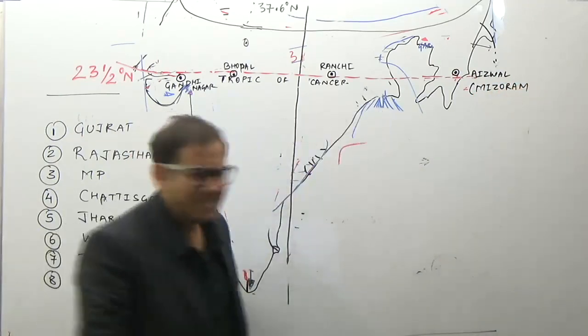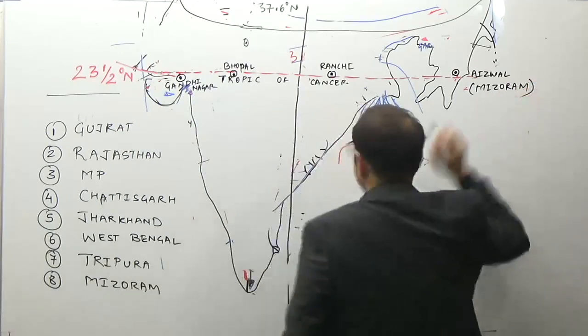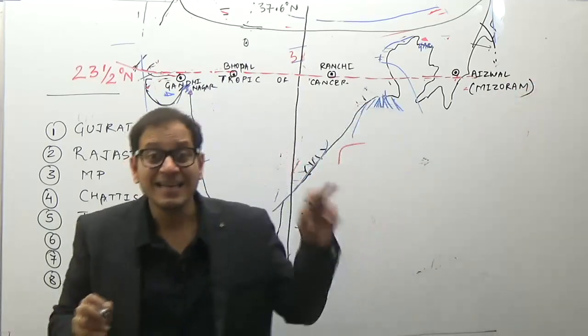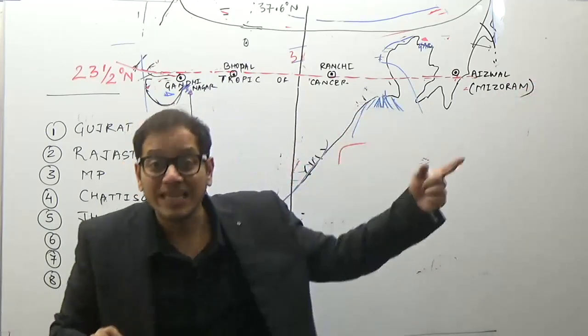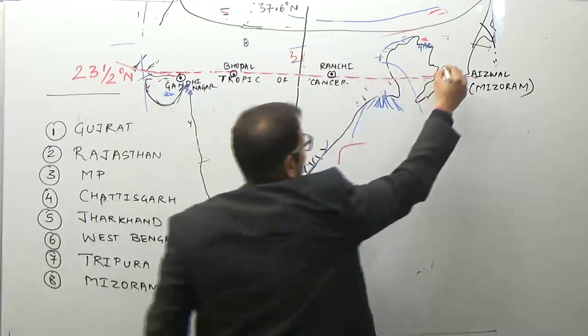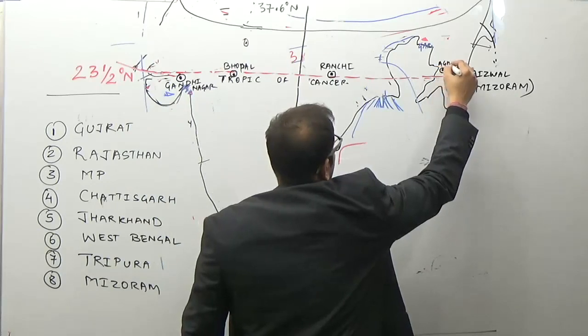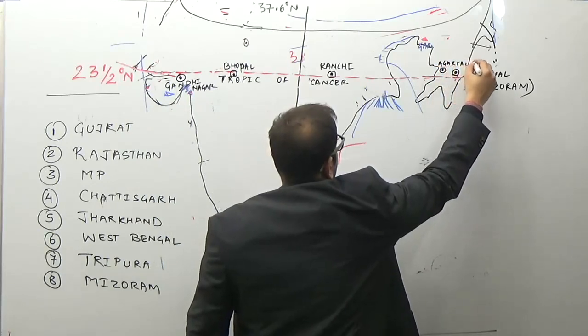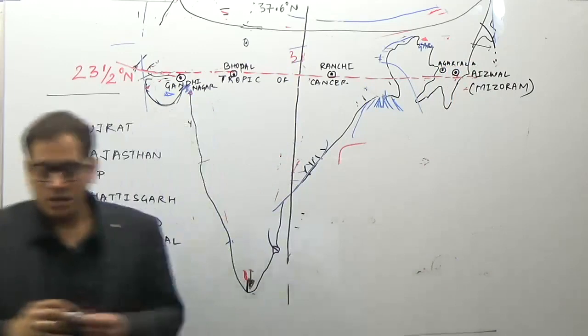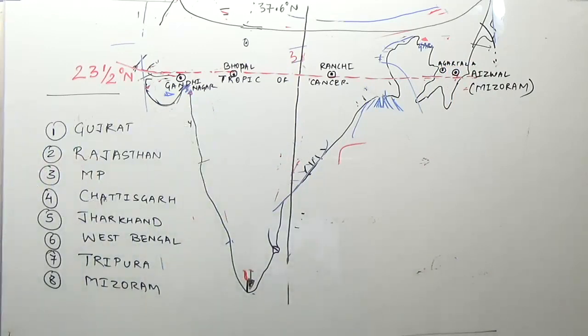While the other cities which are nearby, even the capital of Tripura, Agartala, is nearby, but it is not as near as Aizawl. It is just to the north, the capital of Tripura, that is Agartala.